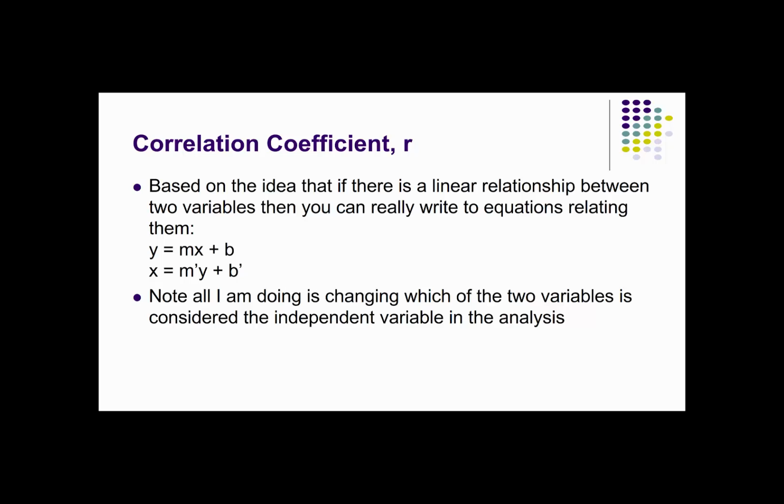But from a mathematical standpoint, we could also write the equation x equals some slope times y plus some intercept, or x equals m prime y plus b prime, where basically we're now acting as if y is formally the independent variable and x is our dependent variable.